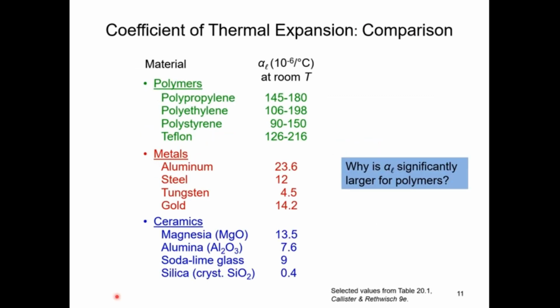For each class of materials, metals, ceramics, polymers, the greater the atomic bonding energy, the deeper and more narrow the potential energy curve. As a result, the increase in interatomic separation with a given rise in temperature will be lower, yielding a small value of alpha L, the linear coefficient of thermal expansion.